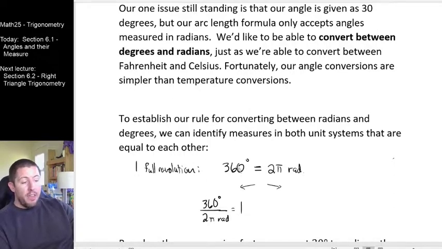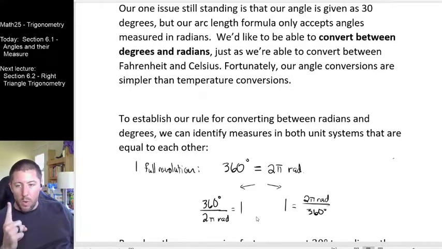Similarly, we could go the other direction. I could divide both sides by 360 degrees. That would leave me with the statement 1 equals 2 pi radians over 360 degrees. The reason these equations are important is that they give me a different way to write the number 1. The number 1 is very special because it's the only number you can multiply by and not change anything.